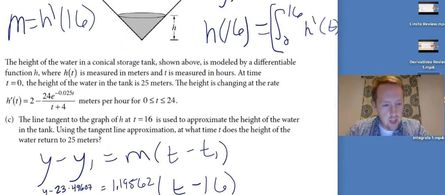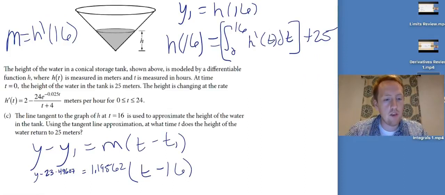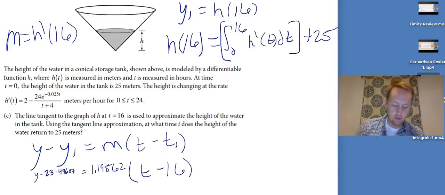Now it says, using the tangent line approximation, at what time t does the height of the water return to 25 meters? So I want to plug in the height is 25. I don't want to plug in t is 25. I want to plug in the height is 25.